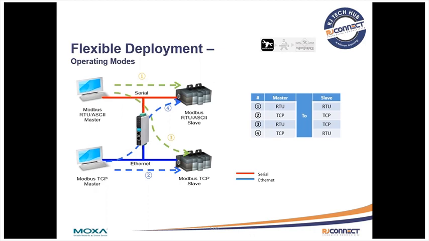We can opt for RTU master to RTU slave conversion, TCP to TCP slave, RTU master to TCP slave, or TCP master to RTU slave. You can see RTU master goes to a TCP slave and vice versa.